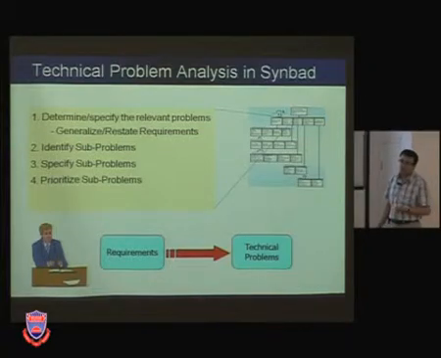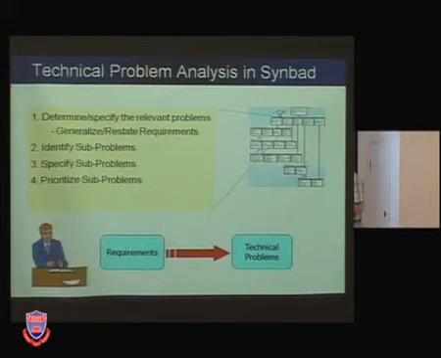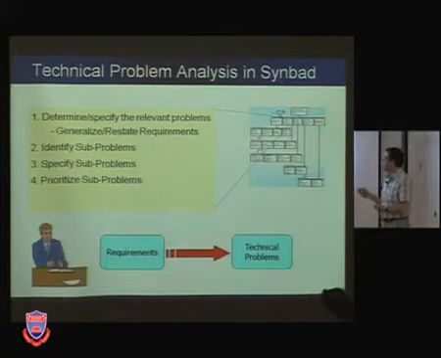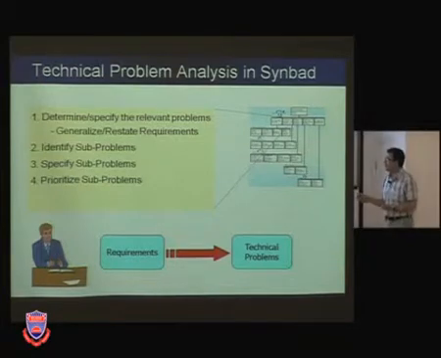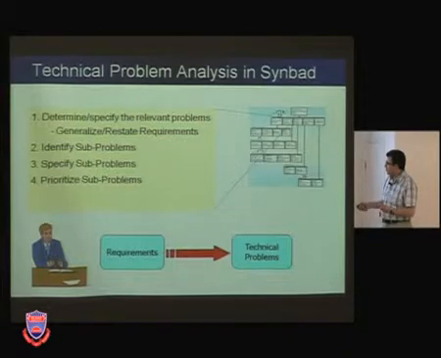If the requirements are well written, we might be lucky and can directly define the problems. But usually that's not always the case. So we identify the problems, we identify sub-problems, and prioritize these problems. So from requirements, we map to technical problems.